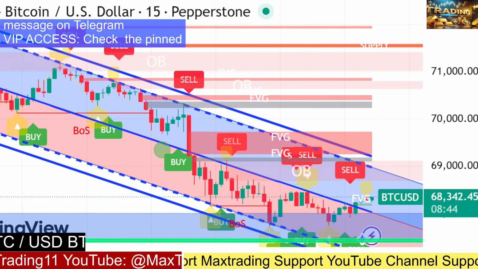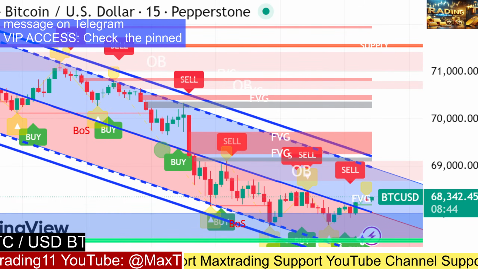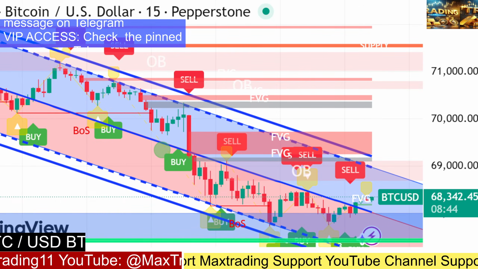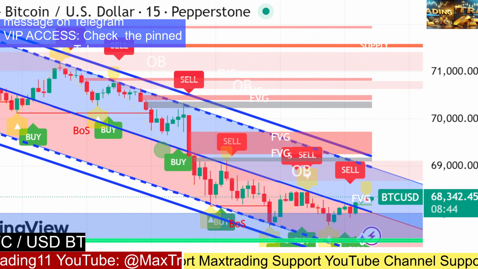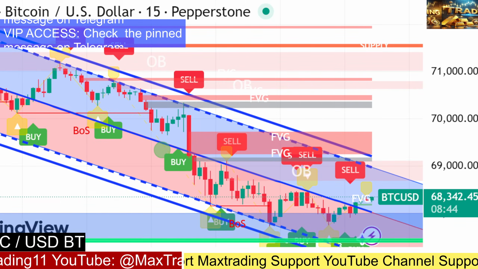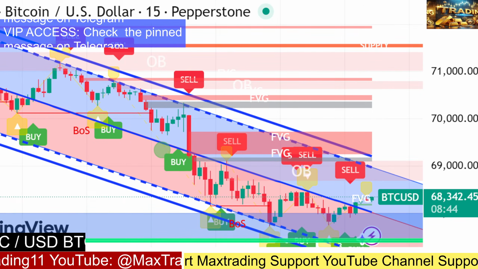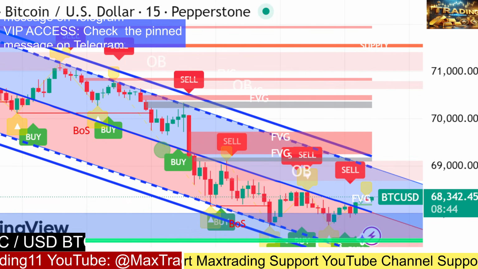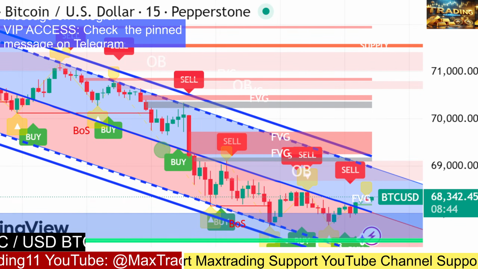The purpose of this analysis is not only to interpret what is happening on the chart right now but also to deeply understand how the indicator behaves, how it filters market noise, and how traders can make better and more consistent decisions using the visual cues that this tool provides.